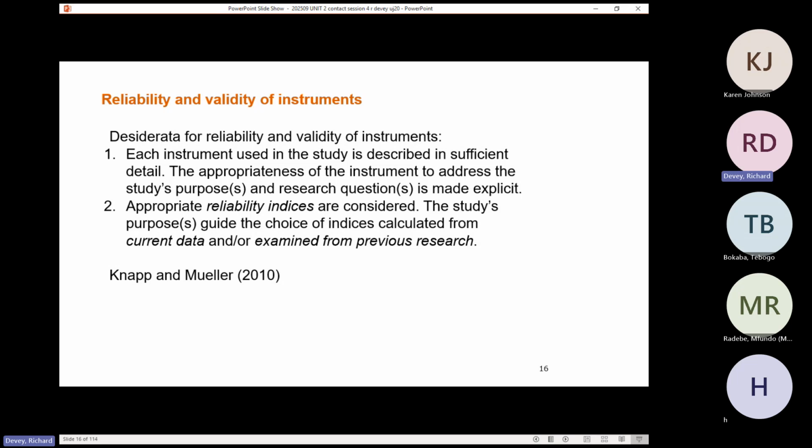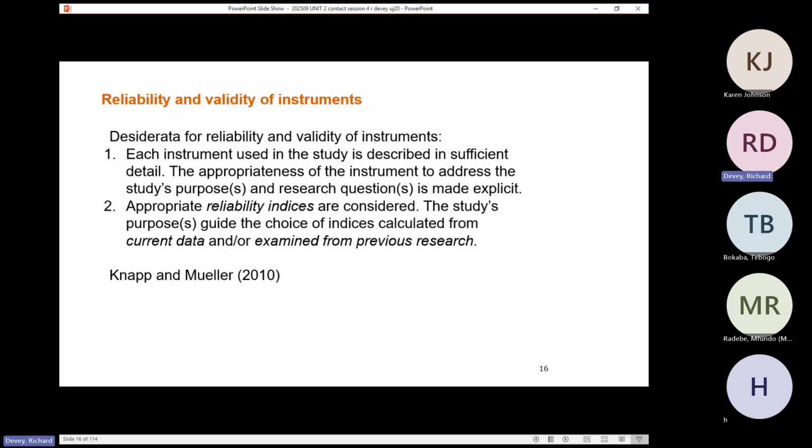I just want to make an important point here, and it comes into the argument when people come back to us and say, how do I show that my questionnaire is reliable? The study's purpose guides the choice of indices calculated from current data and or examined from previous research.